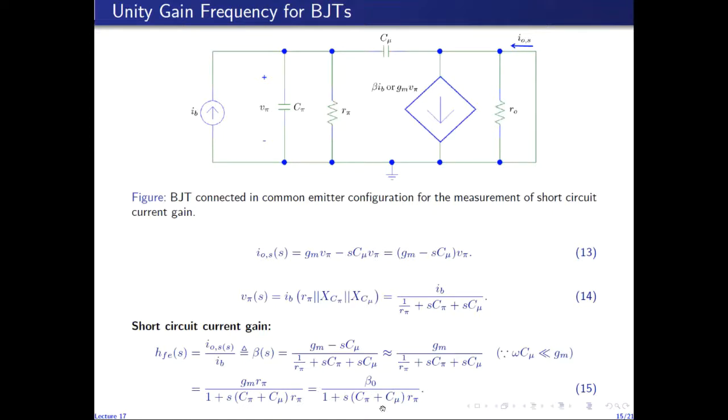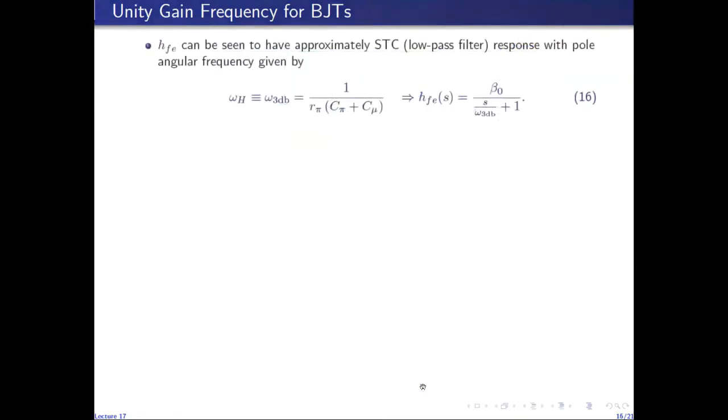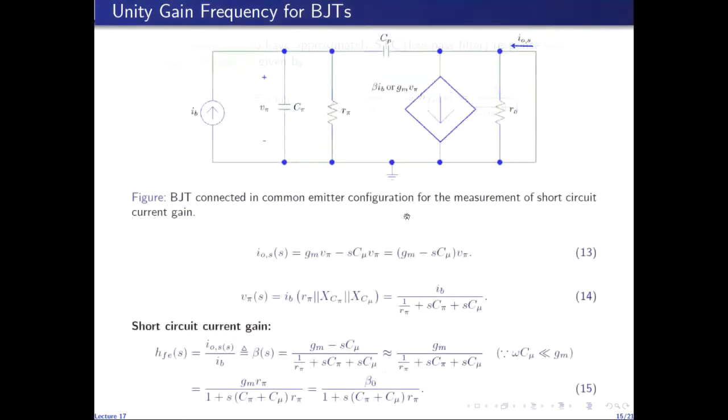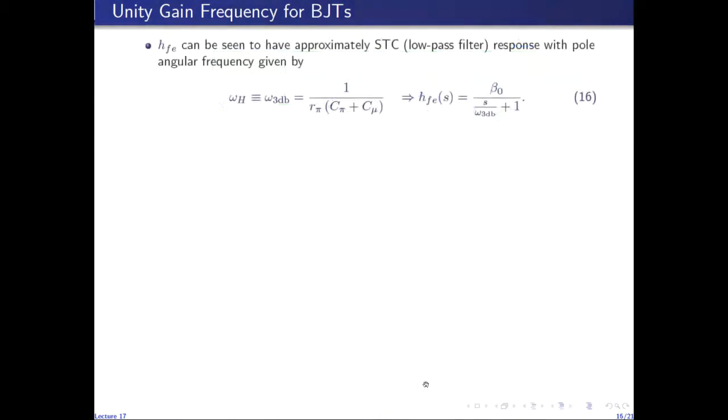And we realize that this expression here is the expression of a single time constant network. In particular, it is the expression of a low pass filter. So this is a response of a low pass filter in which the pole frequency, because there is just one pole, defines the higher cutoff frequency or the higher 3 dB frequency.